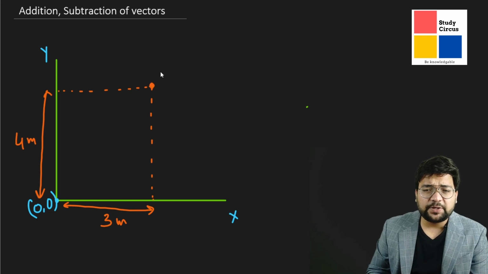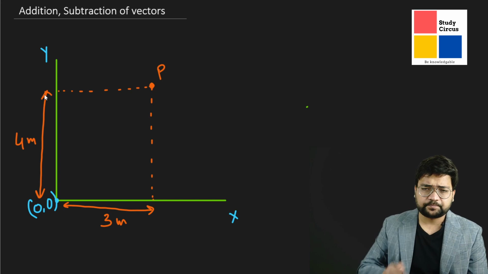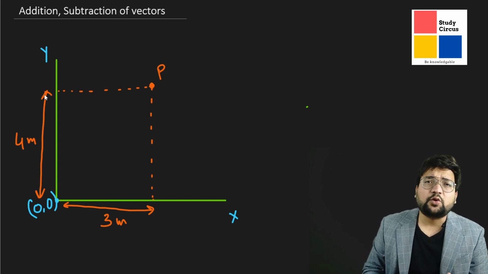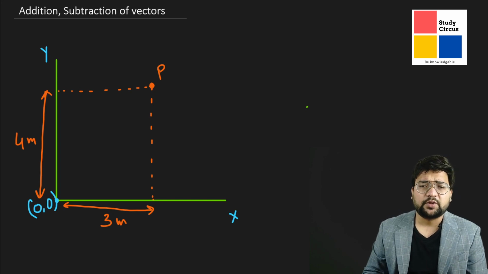Let's name this point P. The point P is 3 along x, 4 along y, like we do for coordinates. What is the coordinate of the point P? 3 comma 4, right?